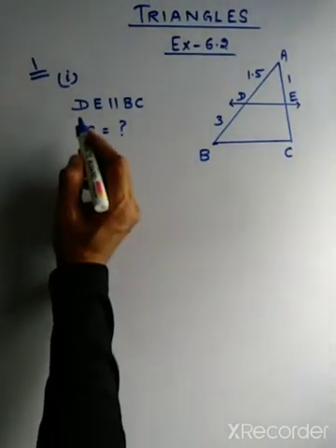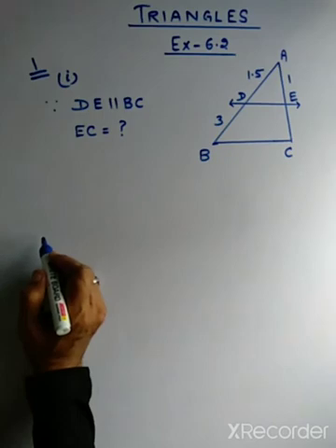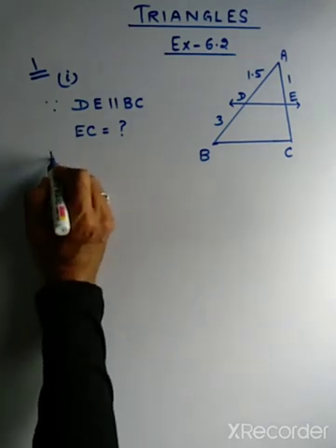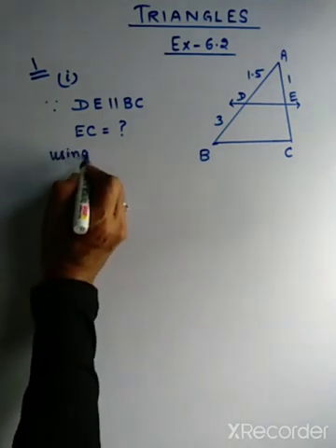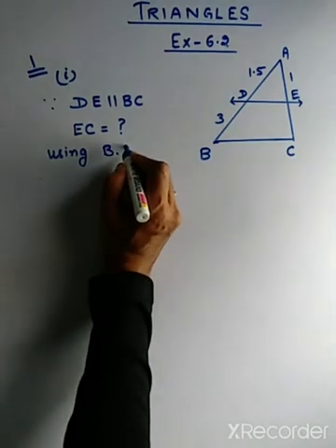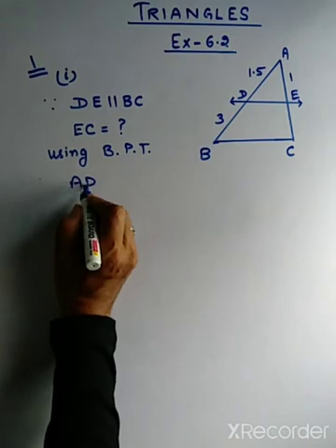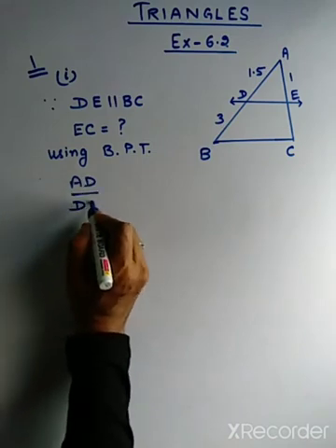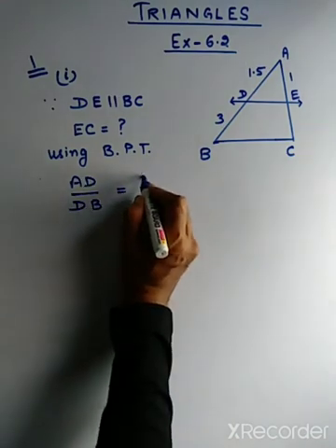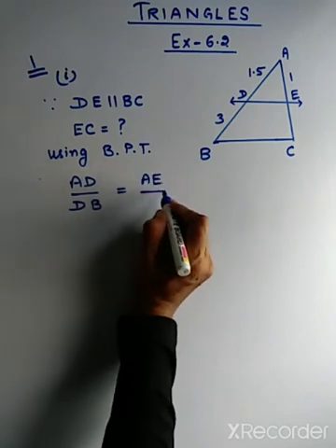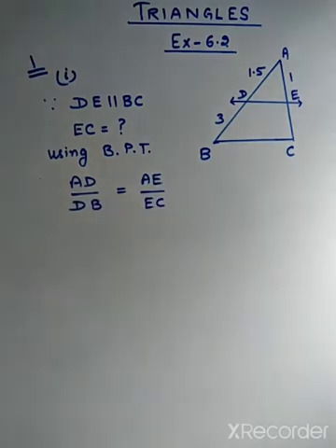So since DE is parallel to BC, using basic proportionality theorem, AD upon DB equals AE upon EC.